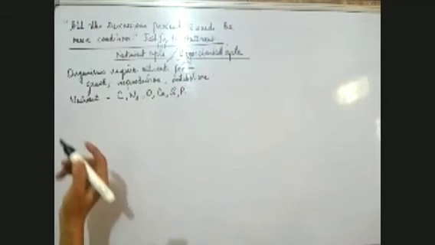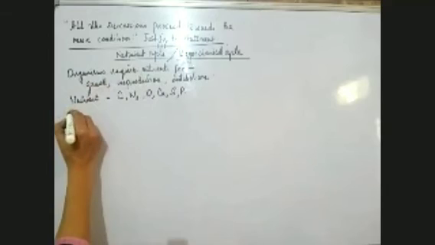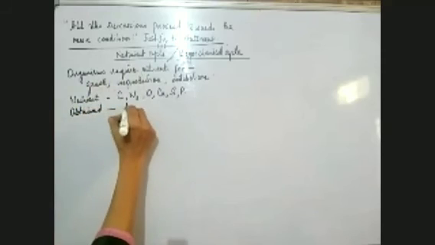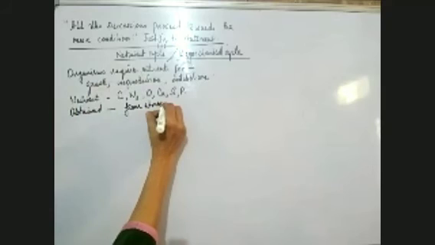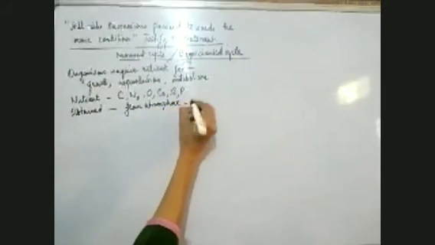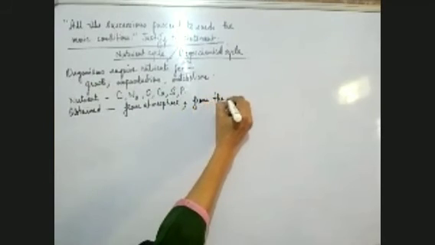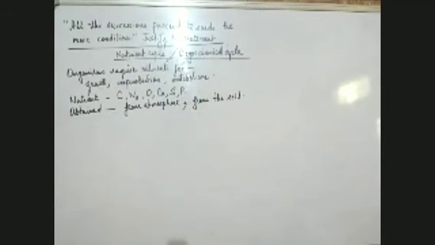Now, see, there are two sources from where the nutrients are obtained. Either these nutrients are obtained from the atmosphere, or they are obtained from the soil.